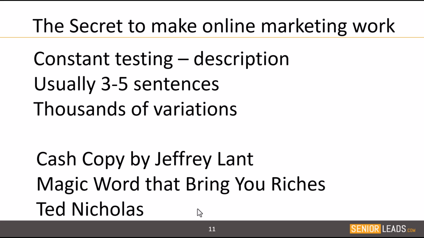Now, I should mention that writing all of the headlines and the descriptions requires some knowledge, and the science of writing ads is called copywriting. It's the science of using language to get people to take action.